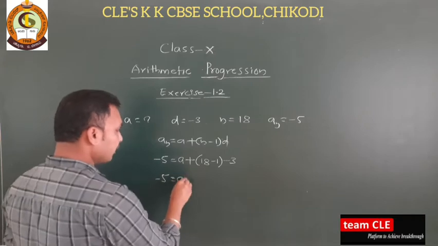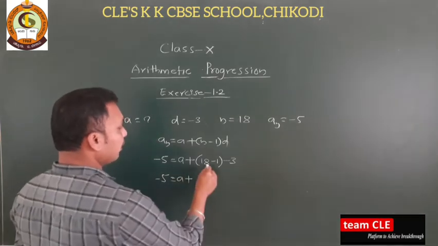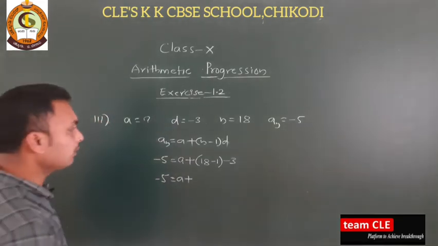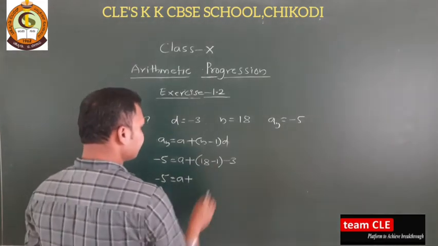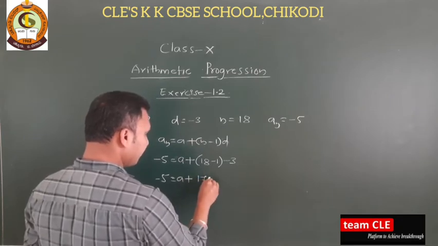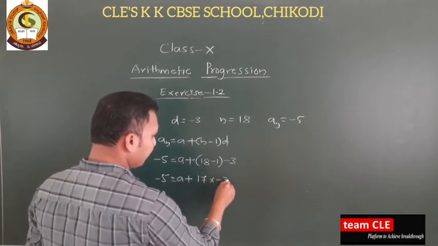Minus 5, so this a is as it is, plus. Now you can see this is 18 into 3, otherwise do one thing, we'll get 17 into minus of 3.